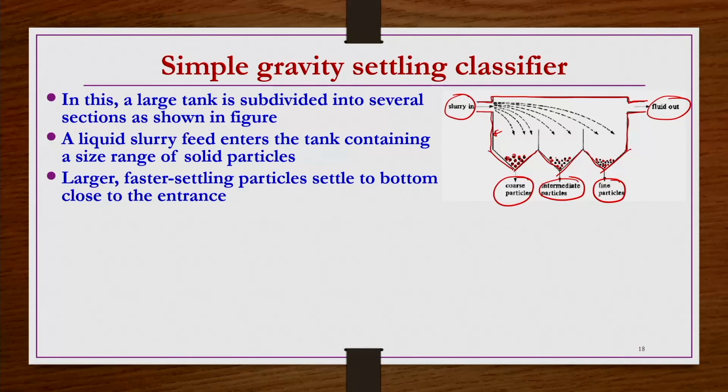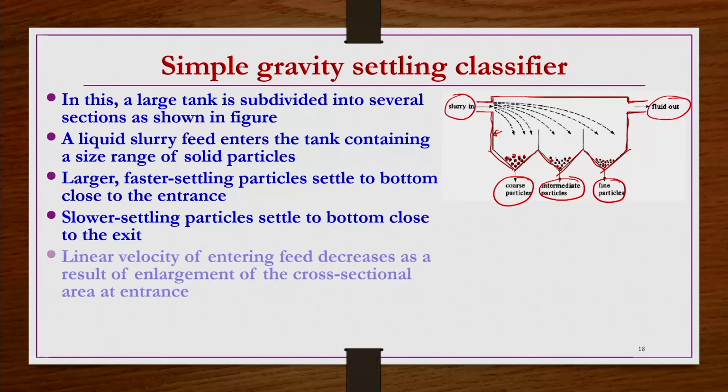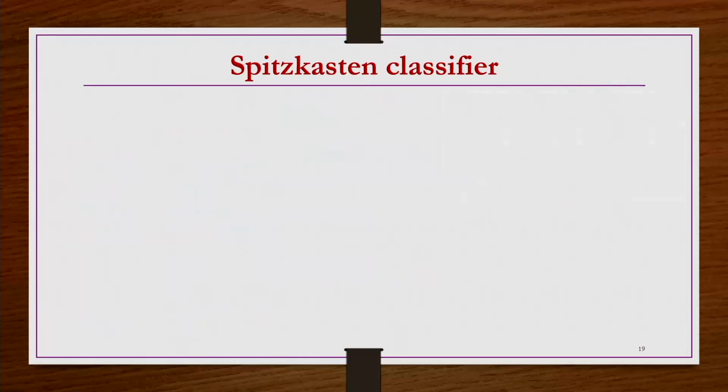Larger, faster settling particles settle to the bottom close to the entrance. Slower settling particles settle close to the exit. The linear velocity of the entering feed decreases as a result of enlargement of the cross sectional area at the entrance. Vertical baffles in the tank allow for collection of several fractions.